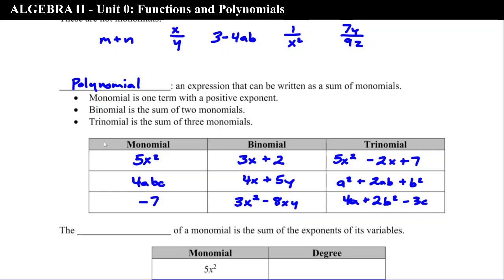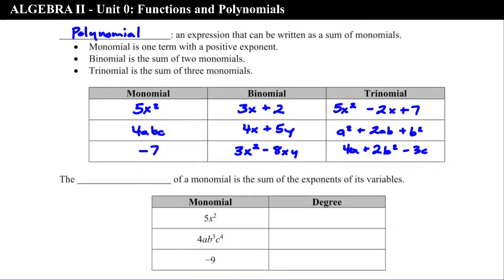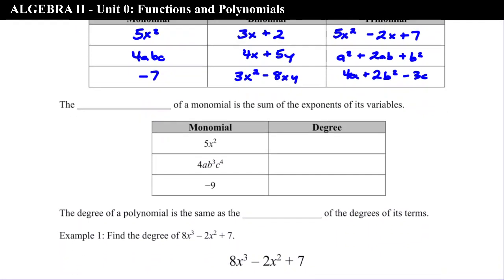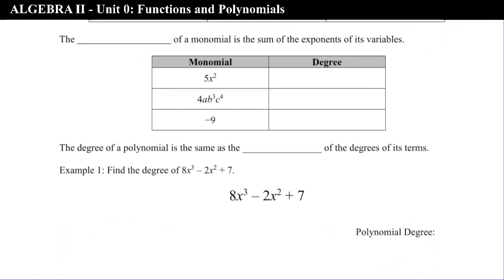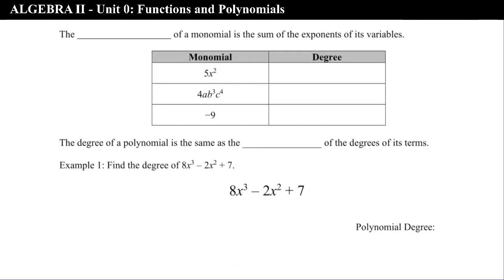Now that we know what polynomials are and what monomials and binomials and trinomials are, let's talk about how we can classify these a little bit. So let's classify it by a term called the degree. Okay? So the degree of a monomial is the sum of the exponents of its variables. Okay, so in this first one, we only have one exponent in one variable. That's 2, so our degree would be 2.